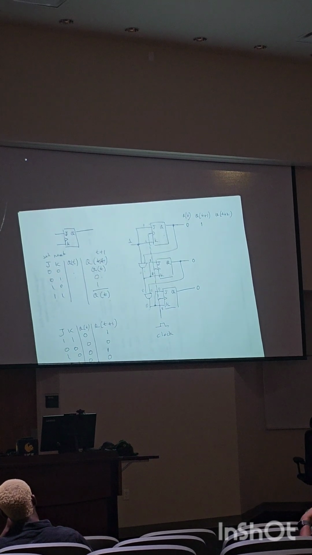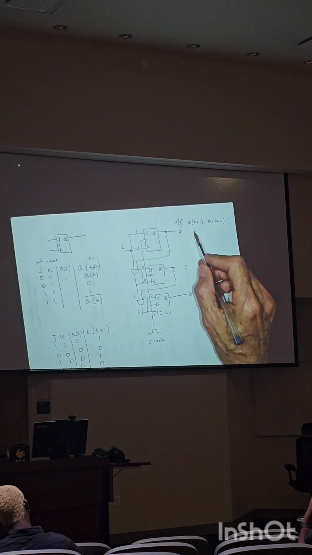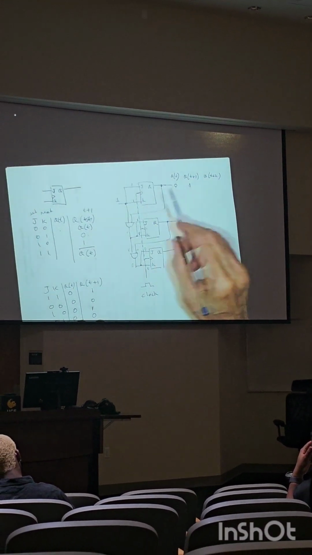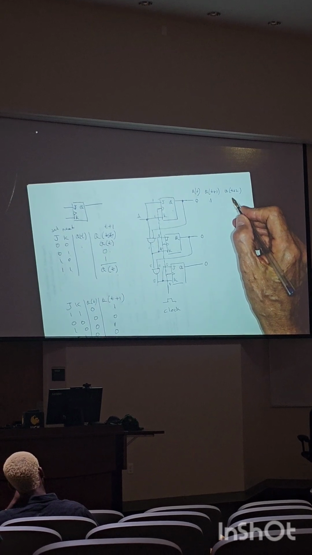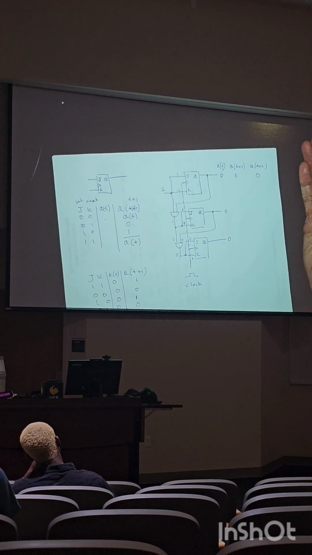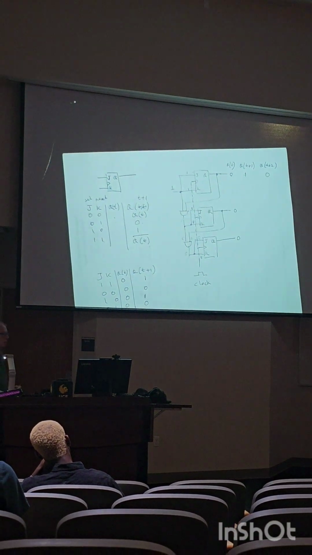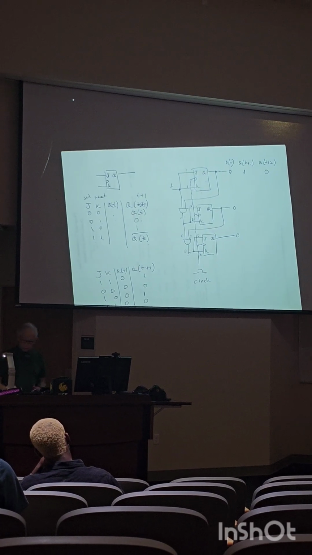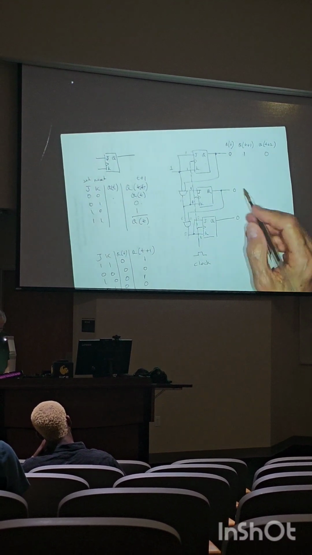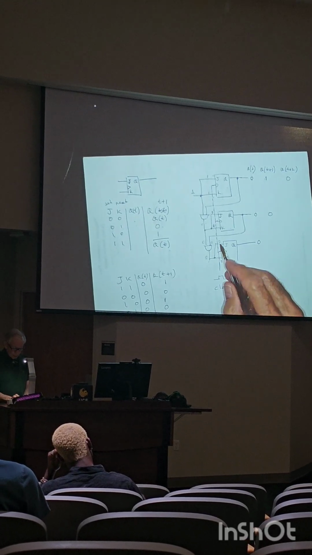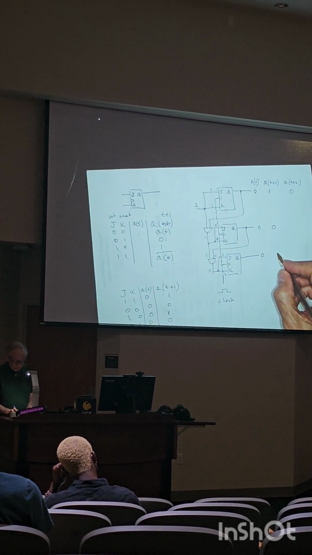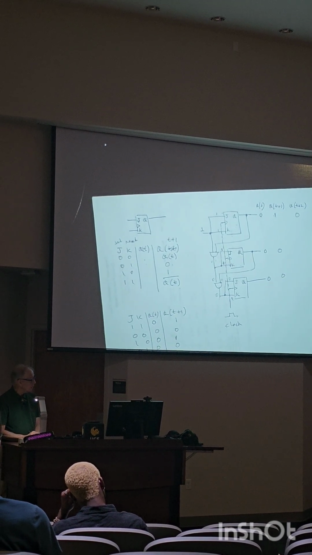Okay, now here, a clock tick. What is the value here? 0. So when the input is 0, 0, the value remains. For instance, this one is 0, 0. What is the value of QT plus 1? 0. You see?